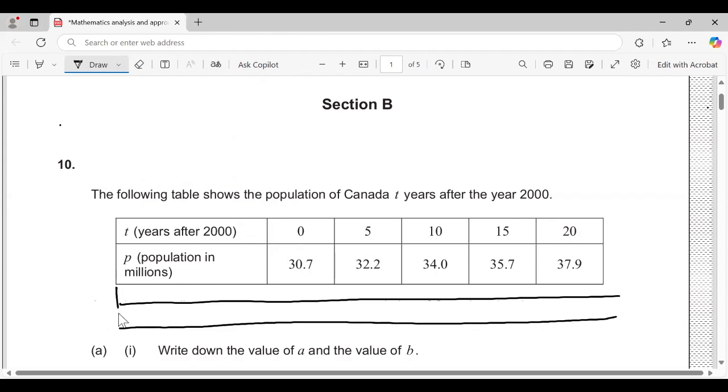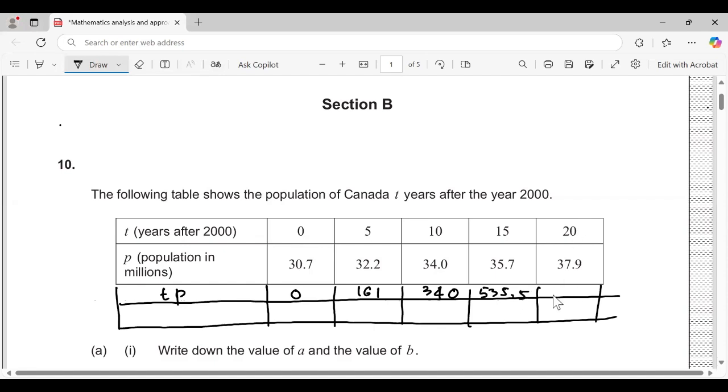The first column is for T times P. 0 times this number 30.7 is 0. 5 times 32.2 is 161. 10 times 34 is 340. 15 times this number is 535.5.